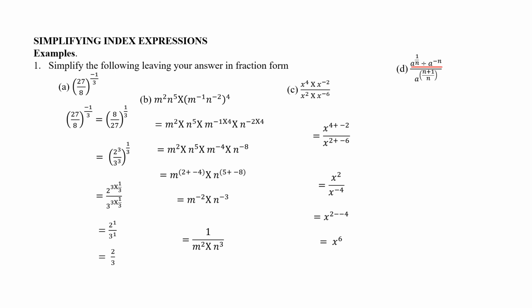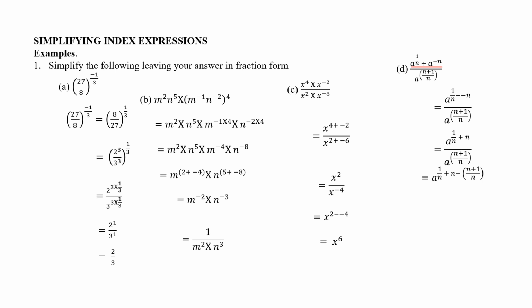That is the 1 all over n minus the negative n as here. Then we keep the denominator the way it is. Then here, negative times negative, you know we shall be having a positive, that is a power 1 all over n plus n.